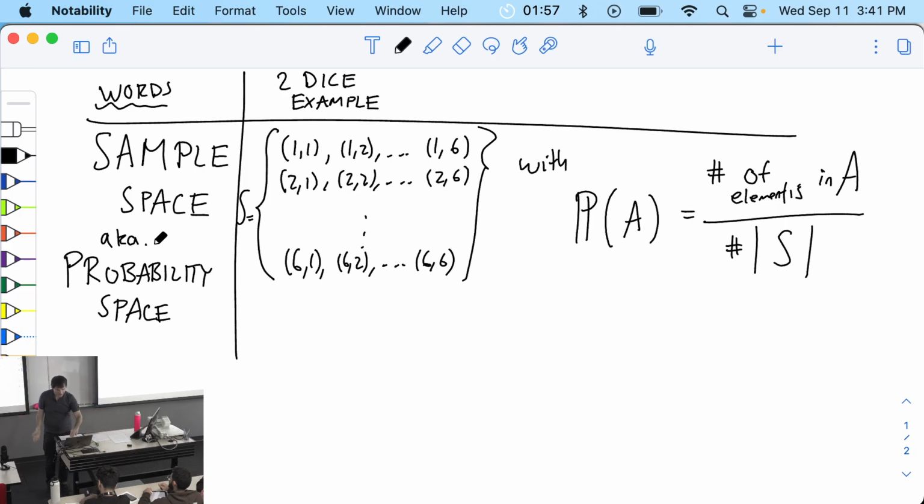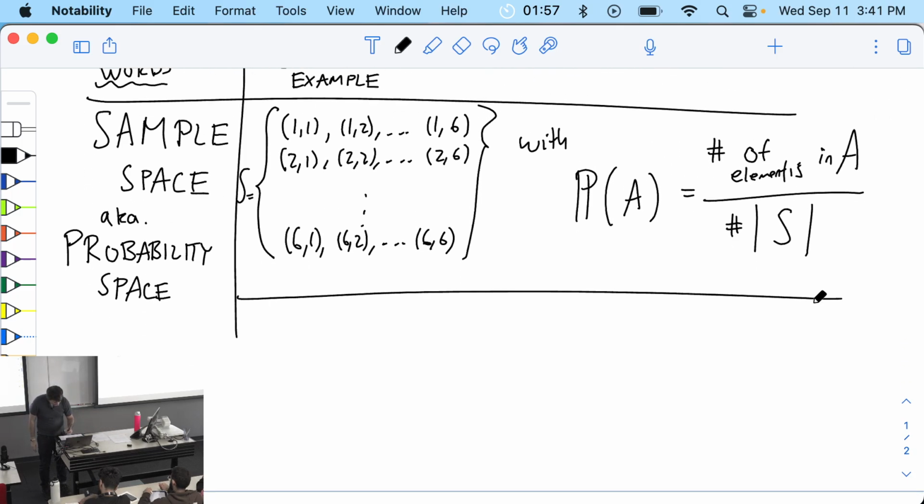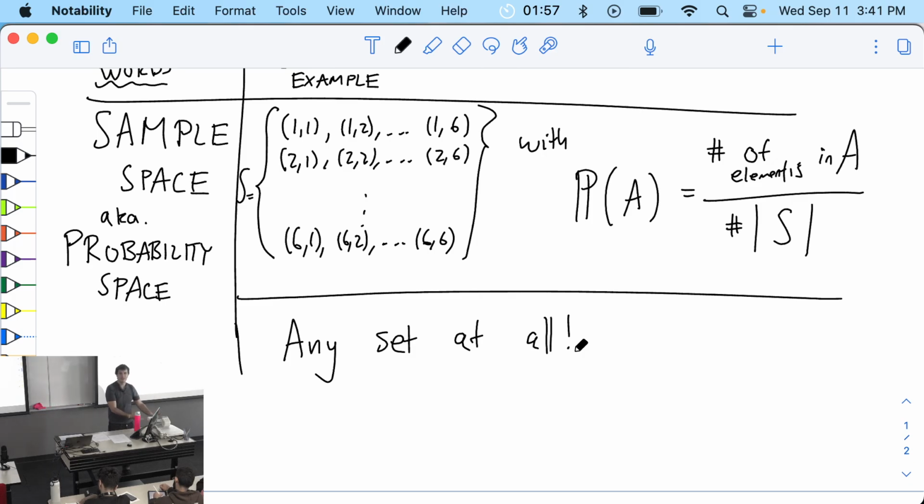And in general, it can be any set at all. Whenever you have random outcomes, you take all the different random outcomes that you want, you put them in a big set called S, and then anything that you want, you can make it random by just putting them in the probability space S and declaring some probability rule.